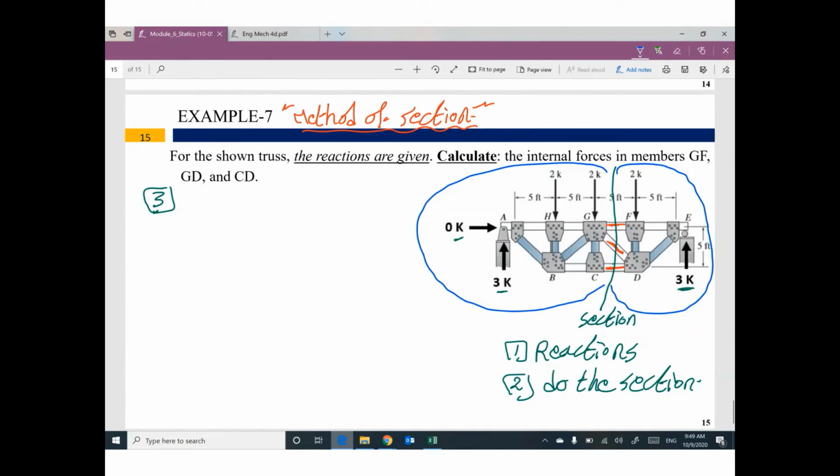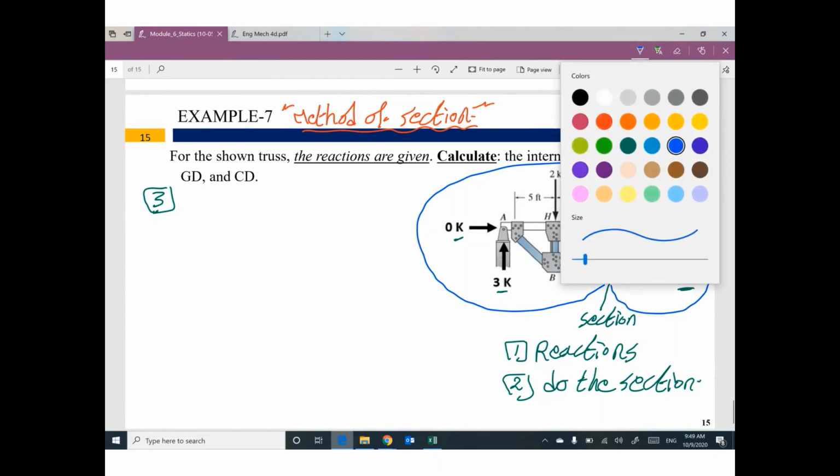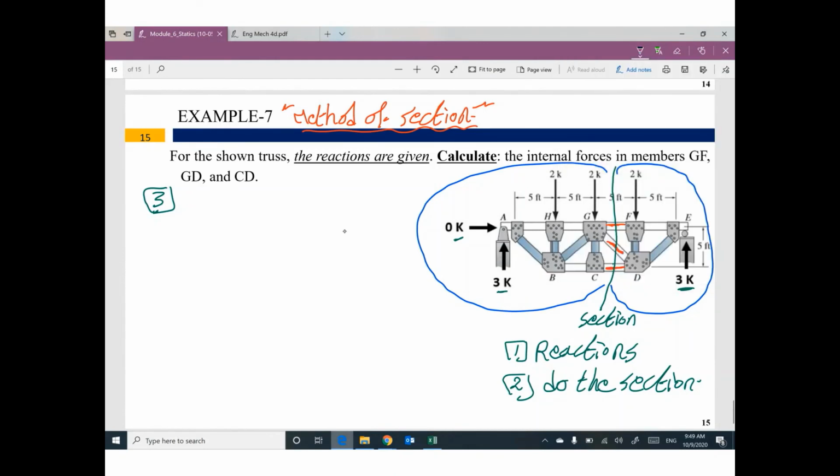So I'm going to use the right part. On the right part, I didn't cut here, I didn't cut here, I didn't cut here. So these parts will remain the same, like this. We have a vertical reaction here, 3 kip. I have a vertical force here, 2 kip. Please don't forget any. We have the vertical force, we have the reaction, we have these members without cut.